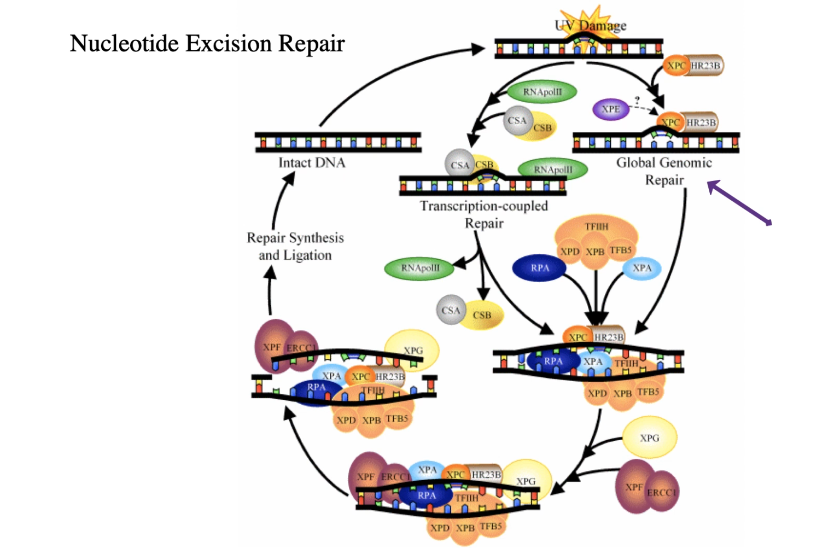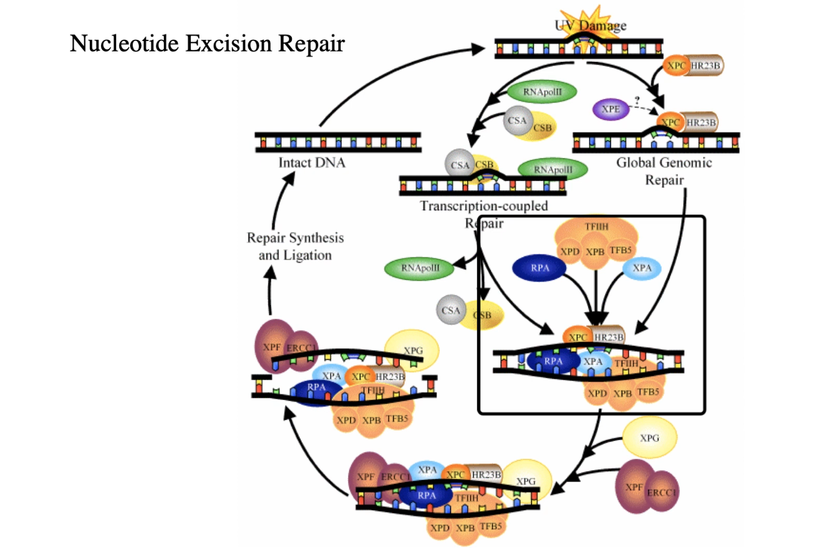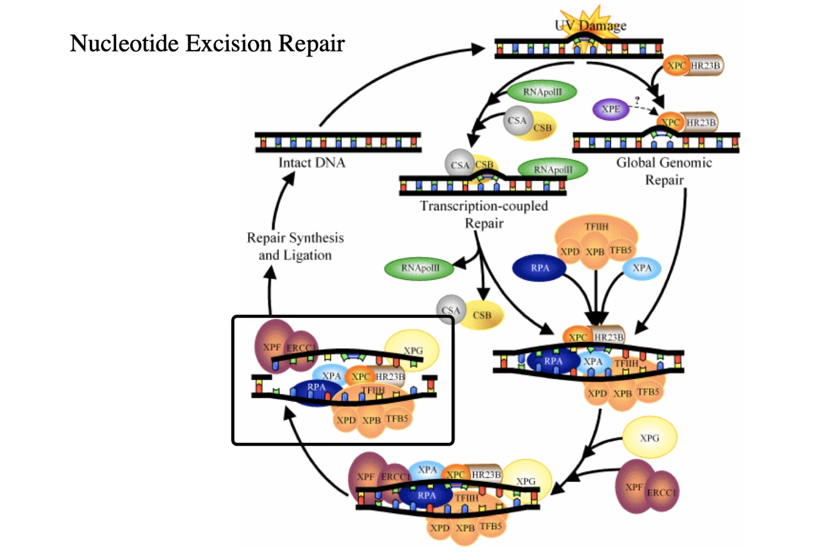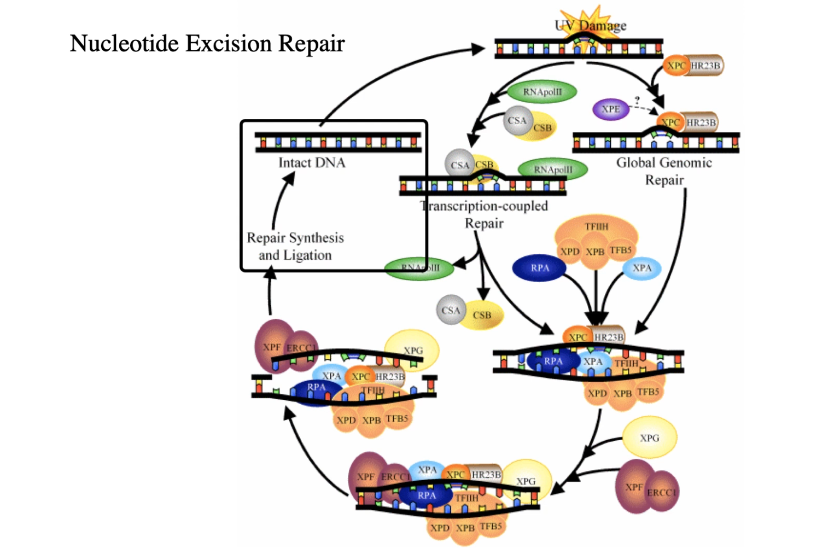There's also a global genomic repair system here that will again recognize and attach to that region with the lesion, cut it apart with endonucleases, and then come back in and repair it by doing DNA replication with DNA polymerase and ligase.